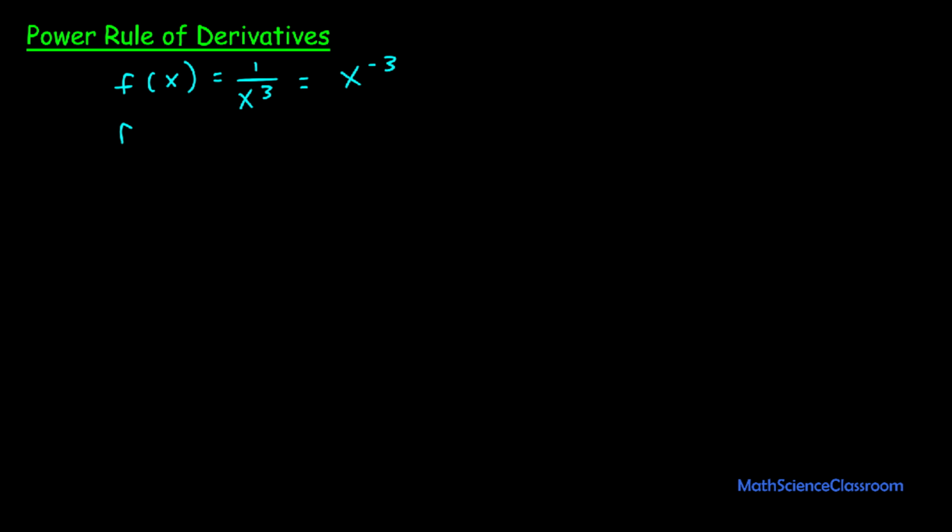So f prime of x equals negative 3x to the negative 3 minus 1 equals negative 3x to the negative fourth. And then to get rid of the negative exponent, equals negative 3 over x to the fourth.